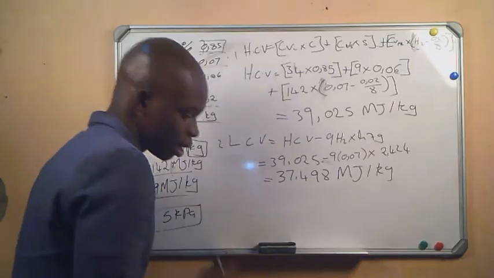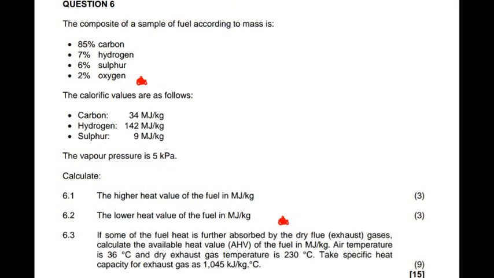Number two, and then number three, they say if some of the fuel heat is further absorbed by the dry fuel exhaust gases, calculate the available heat value AHV of the fuel in megajoules per kg.